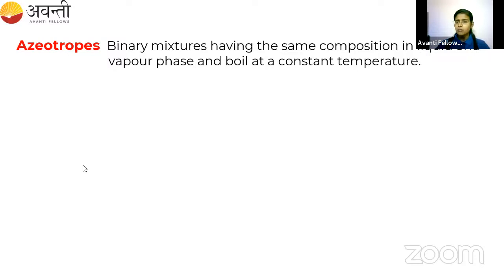P total at some point greater than even pure compound of B. What do you mean by this? I don't get what you are trying to say. Okay, let's see. Let me go to the graph for you once again.